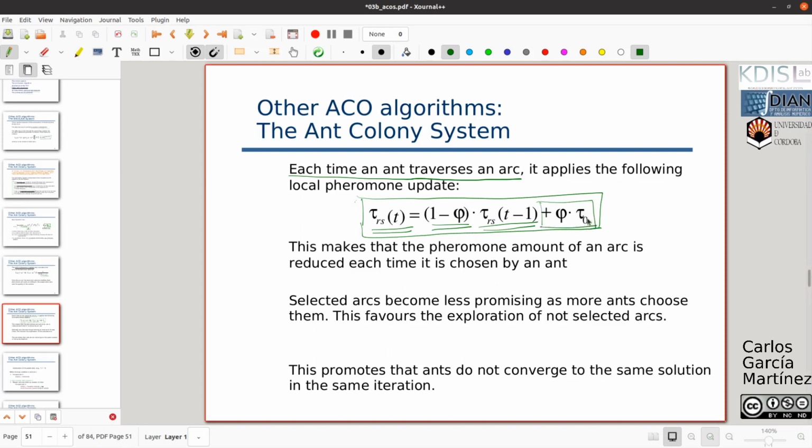But this contribution depends on the initial pheromone amount, which is a minimal quantity of pheromone. So actually this equation always reduces the pheromone amount on this arc.